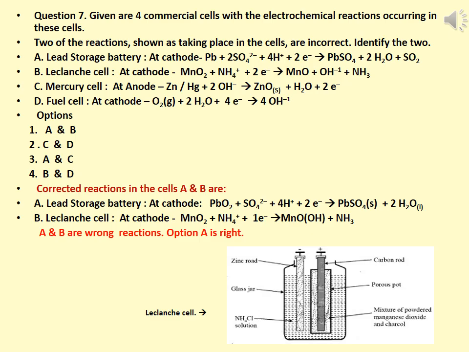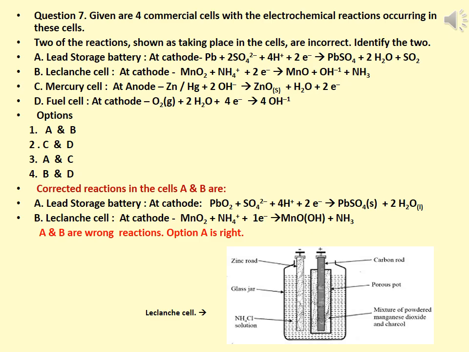We have to identify. So, if we look at these four electrochemical reactions, A and B are wrong reactions. The corrected reactions are shown. In the lead storage battery at cathode, PbO2 plus SO4 2 minus plus 4H plus 2 electrons give lead sulfate solid plus 2H2O liquid.